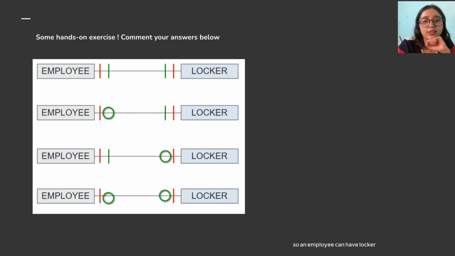So an employee can have a logger. If there is no employee, there is no logger. Now it's time to check how much you understood of the modality. Comment down below, and as I mentioned earlier, I will leave the answers in the slide in the description below. But I really want you to try before you go and check the answers, and I'm not going to give a hint here. Just try to understand what this relationship, what this modality is trying to show.